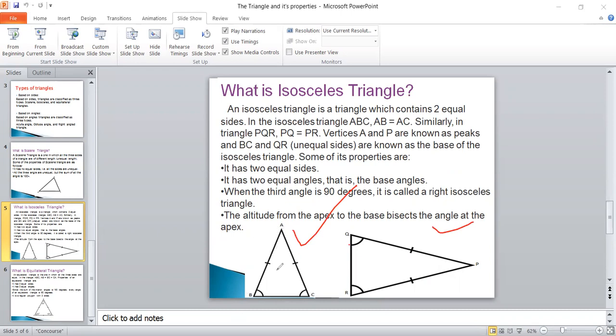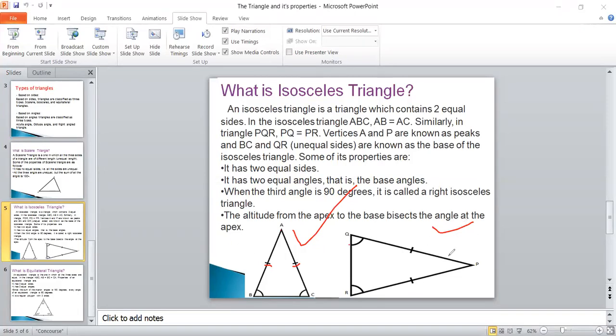In this figure AB is equal to AC, right? AB is equal to AC. So here we can say that these two sides of the triangle are equal, and BC is unequal to AB and AC. So as in this triangle two sides are equal, hence we can say that this triangle is an isosceles triangle.